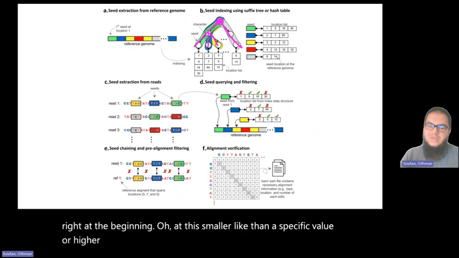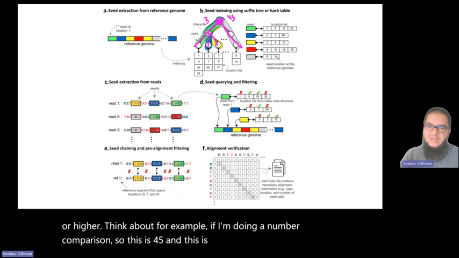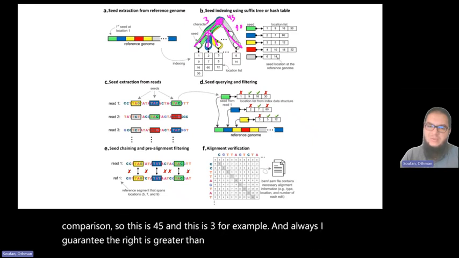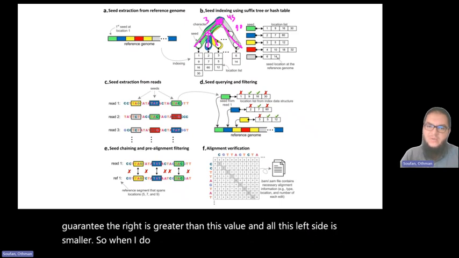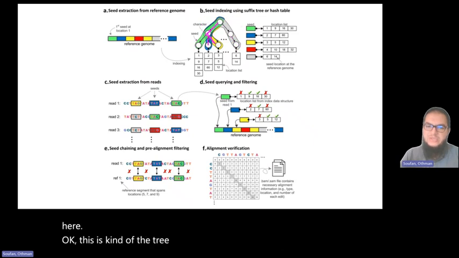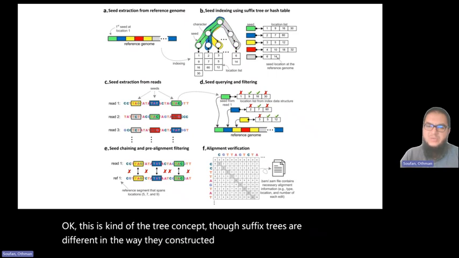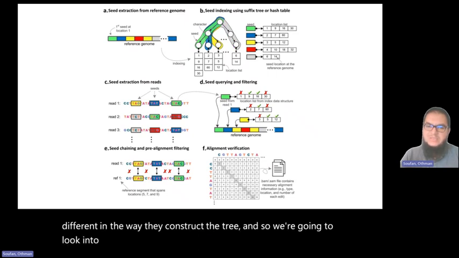Think about, for example, a number comparison: this is 45 and this is 3, and I always guarantee the right side is greater than this value and the left side is smaller. So when I come here, I know to jump here. This is the tree concept, though suffix trees are different in the way they construct the tree. We're going to look into this, but again, it's going to save me time.